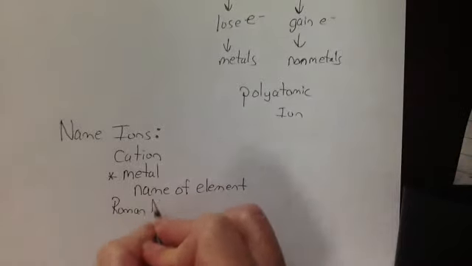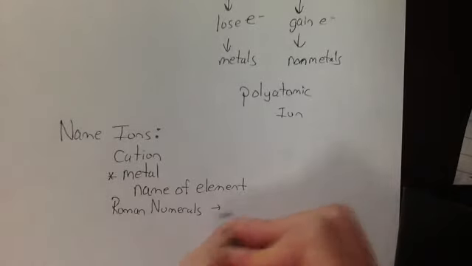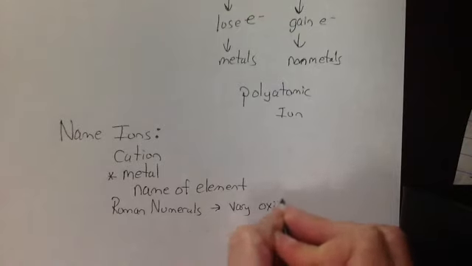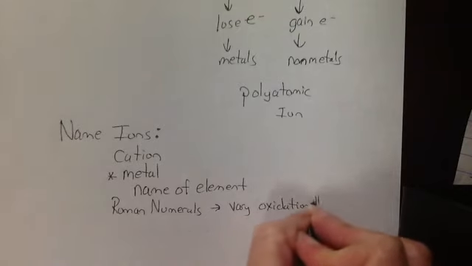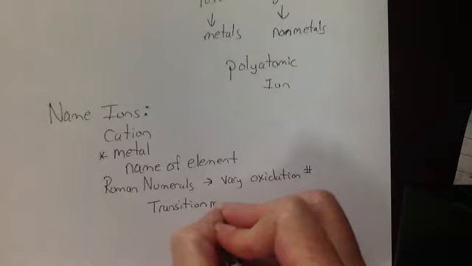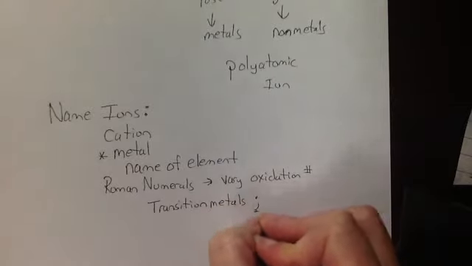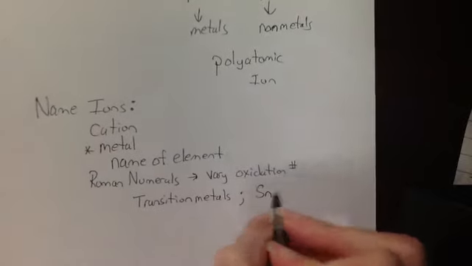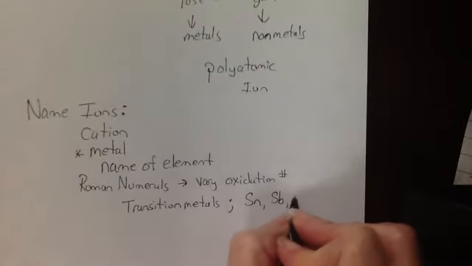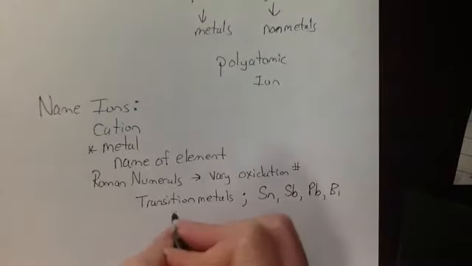Now the ones that require Roman numerals can vary their oxidation number, their charge. That would include your transition metals, and tin, antimony, lead, and bismuth. They would require Roman numerals.